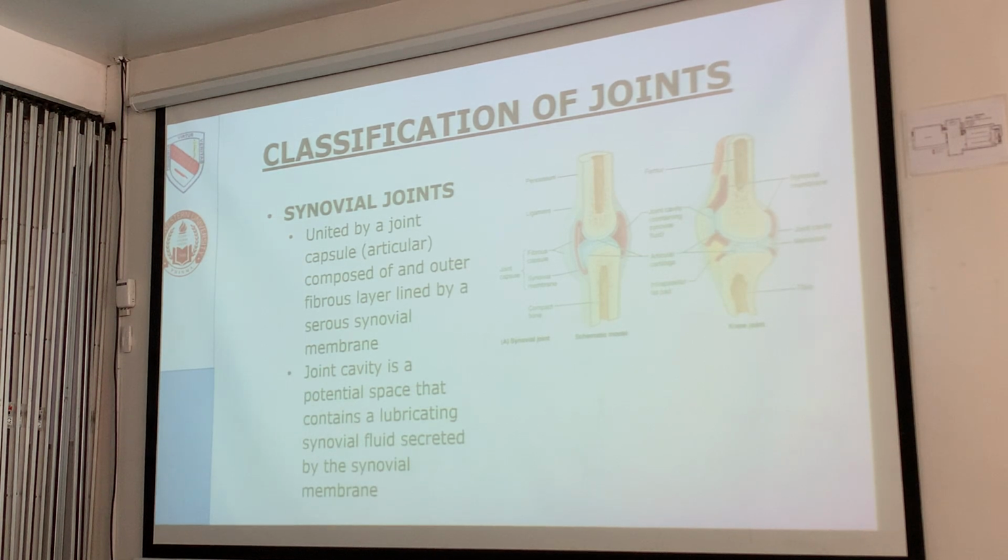Without that, it acts like an engine without oil. Without that lubrication, friction is what happens during arthritis, osteoarthritis. Those synovial fluid and membranes in the middle of the joints are eaten away as age goes by. That is the problem of your osteoarthritis.